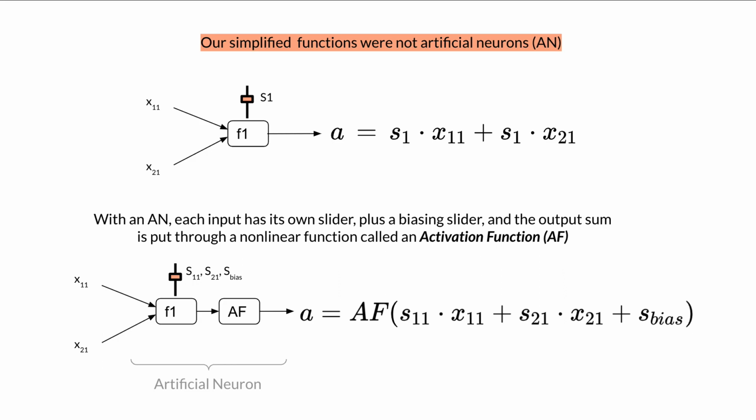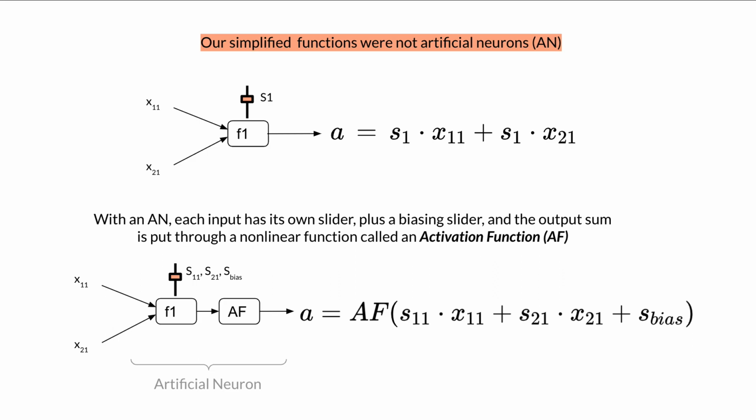So we have s11 now times x11, so we have not just an s1, we have an independent parameter or weight which controls the x11 input. We have an independent parameter s21 which scales the x21 input, and then we have an independent parameter s-bias which moves the whole function up and down.